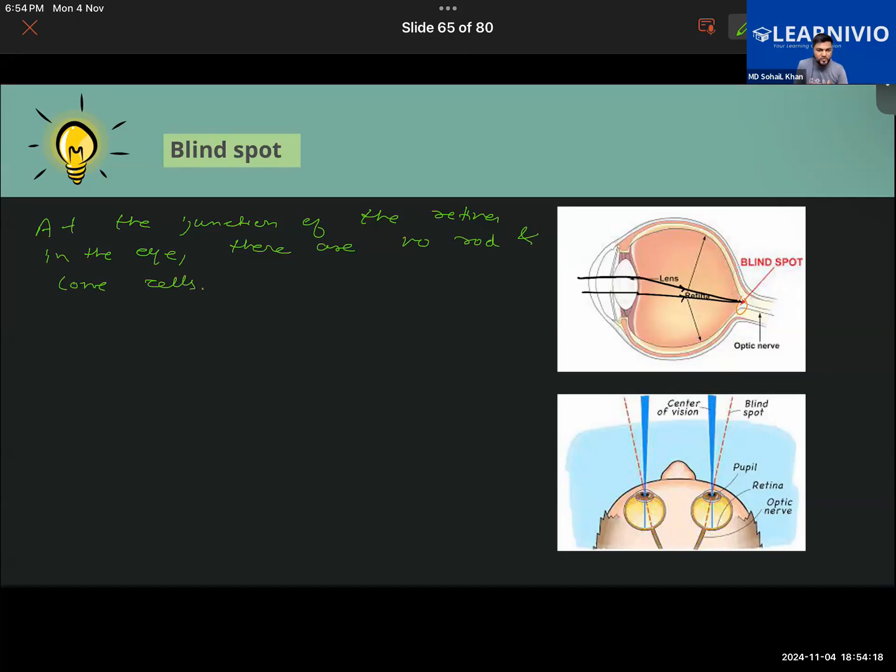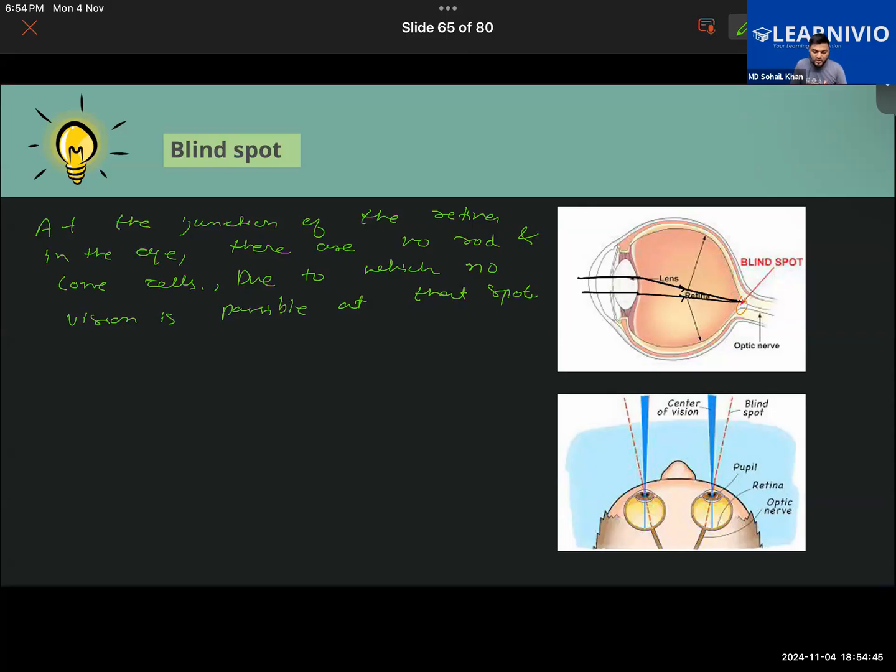These are absent, due to which no vision is possible at that spot. So if the rays of light were to converge at that point, the image formation will not take place.